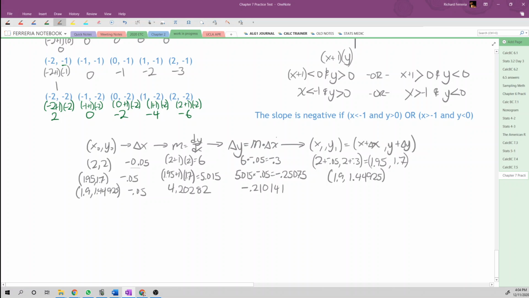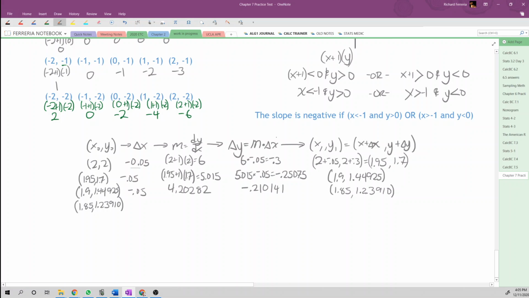And lastly, we're going to do x plus delta x, which is 1.9 plus negative 0.05, that's 1.85. And y, which is 1.449, plus negative 0.210, 1.23910. We're not there yet, so we're going to go ahead and once again bring that last result to the beginning of the row.